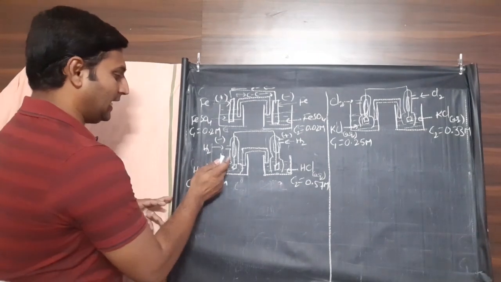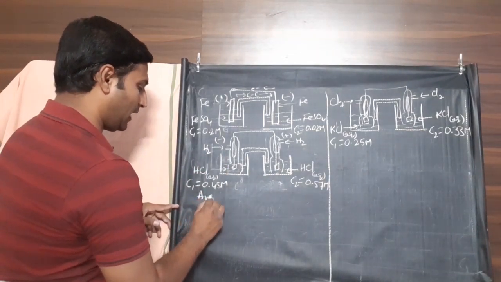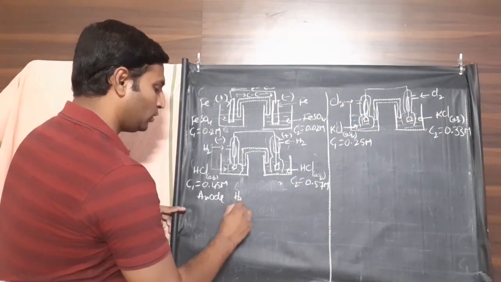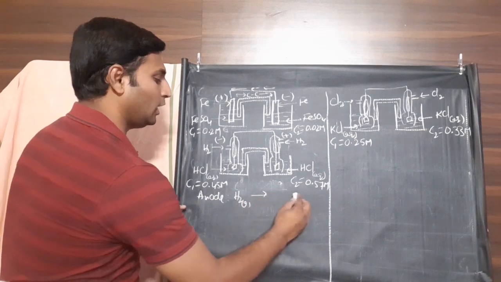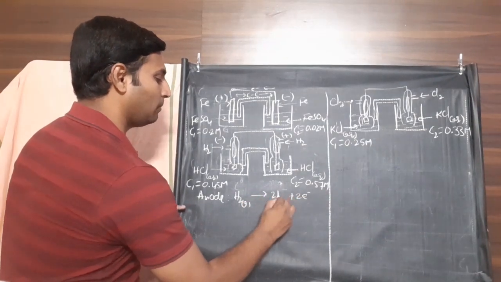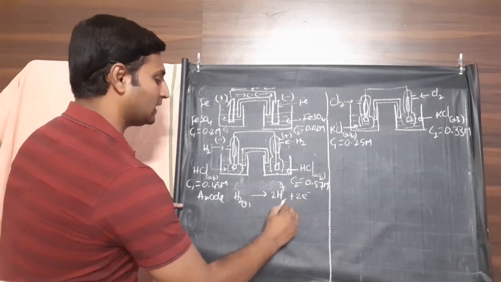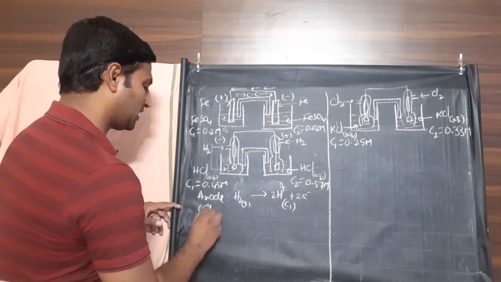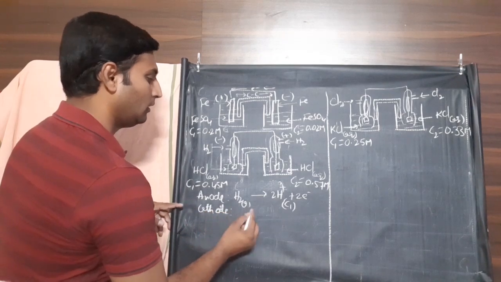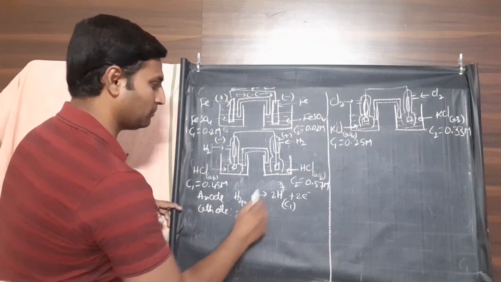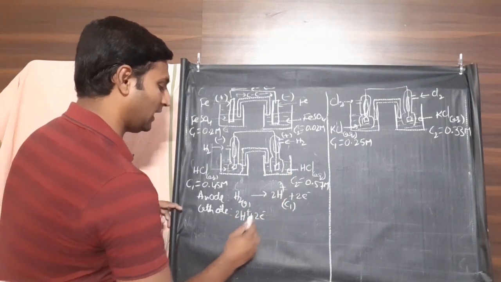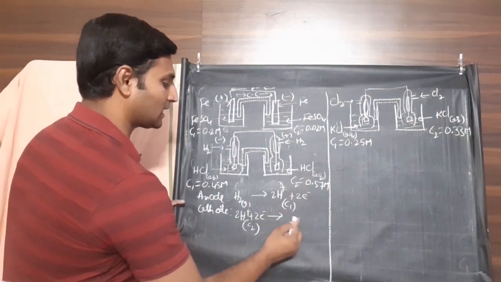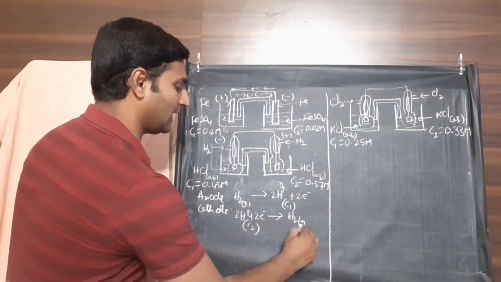See, the electrode reaction in anode, that is in the left half vessel, will be hydrogen gas losing 2 electrons and becoming 2 H plus ions, where the concentration is C1. Cathodic reaction will be H plus ions from the solution, having a concentration of C2, gaining 2 electrons and becoming hydrogen gas.